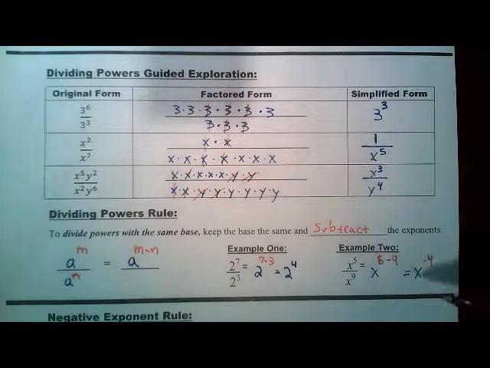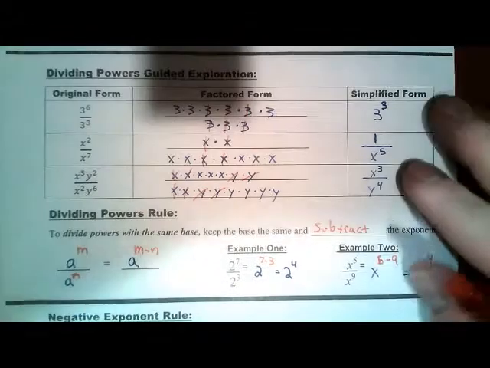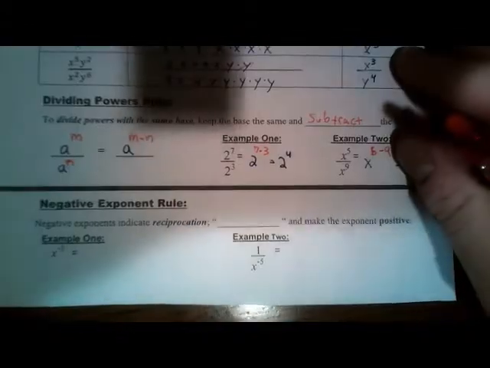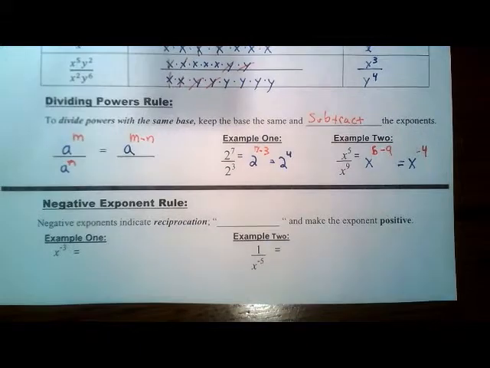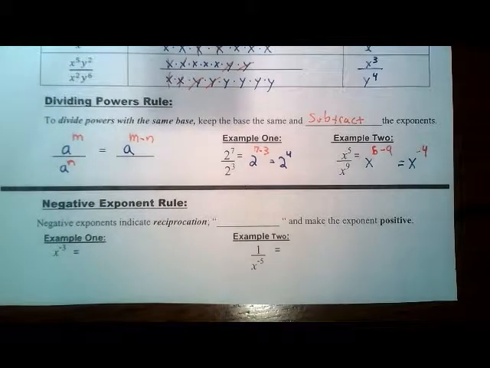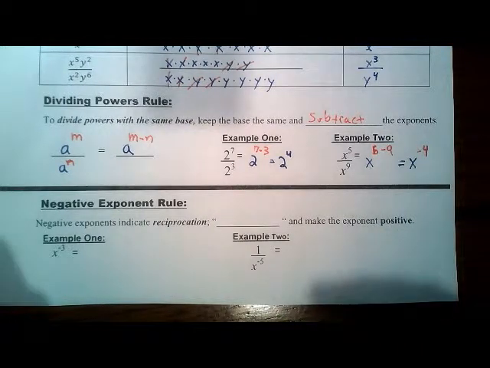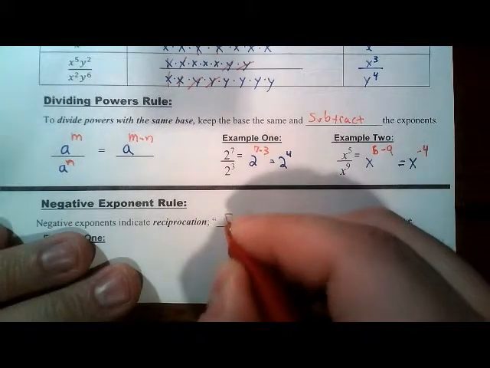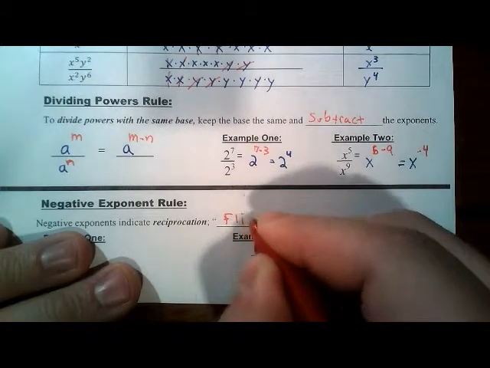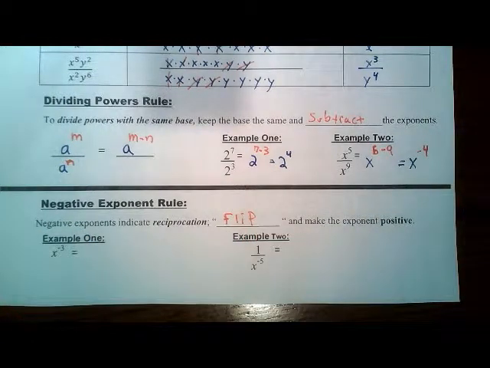Now what you might be asking yourself is, what do you do when you have a negative exponent? That's actually the very next rule. So we're going to scroll down. When you have negative exponents, it indicates reciprocation. It just means the reciprocal. So you're flipping them, right? You're going to flip and make the exponent positive.